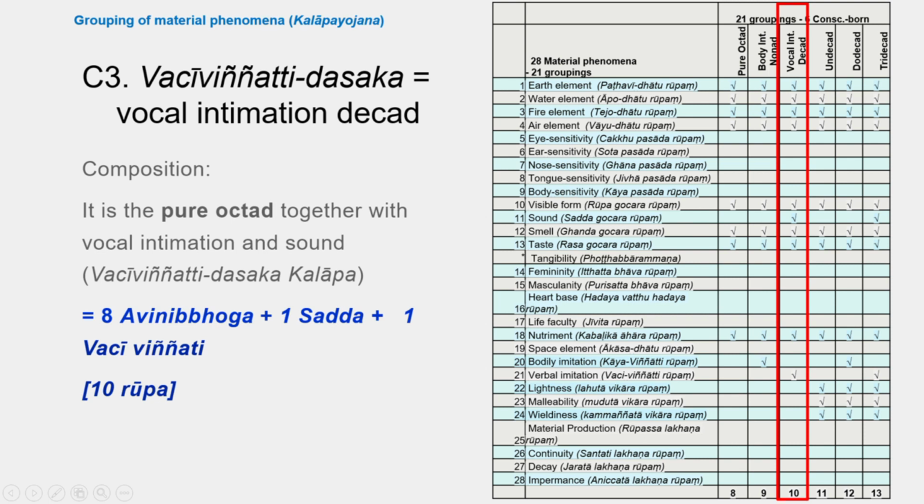Next. Vaci Vinnatti Dasaka, vocal intimation deka. It's a pure octad together with the vocal intimation and sound. It's called Vaci Vinnatti Sadda Dasaka Kalapa. So remember, 8 now is the voice one, voice intimation. So remember, by this way, you should not get it wrong.